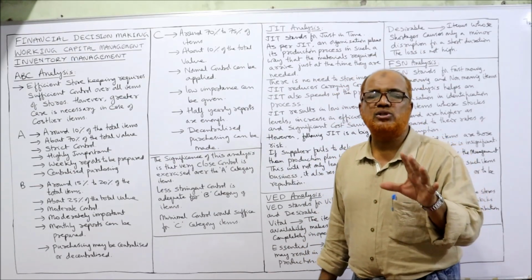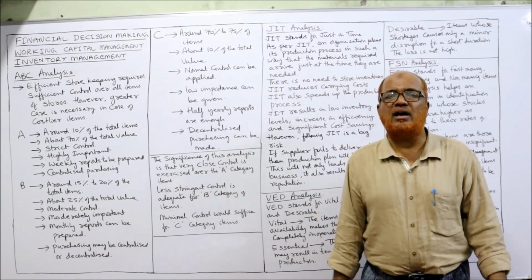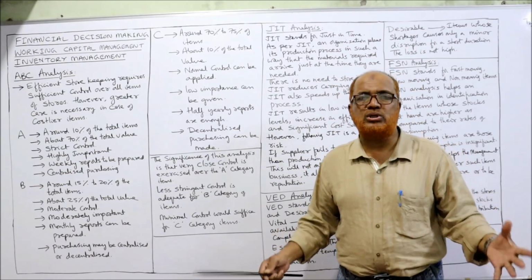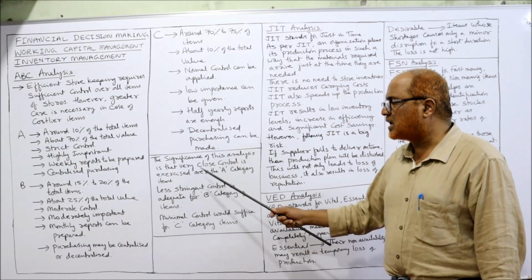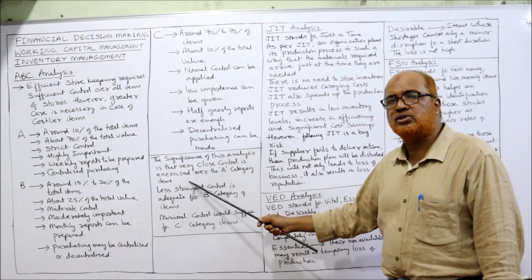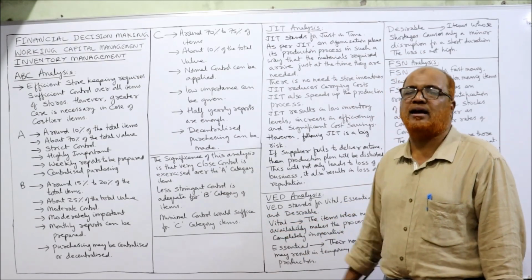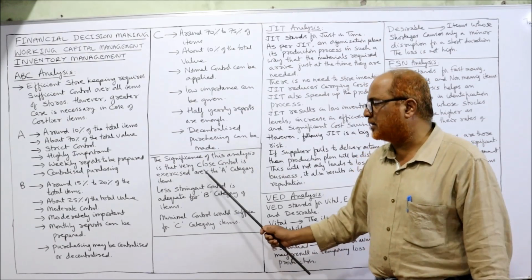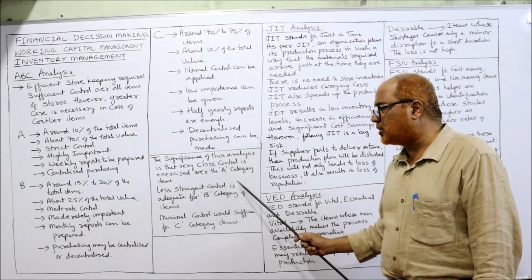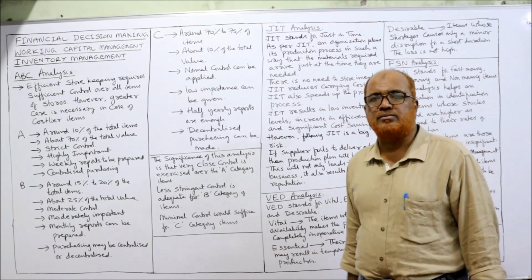So these are the points you have to remember. In examination they will ask you to explain ABC analysis. Now the significance of this analysis is that very close control is to be exercised on A category items, costly items. Strict control should be applied. Less stringent control is adequate for B category items.